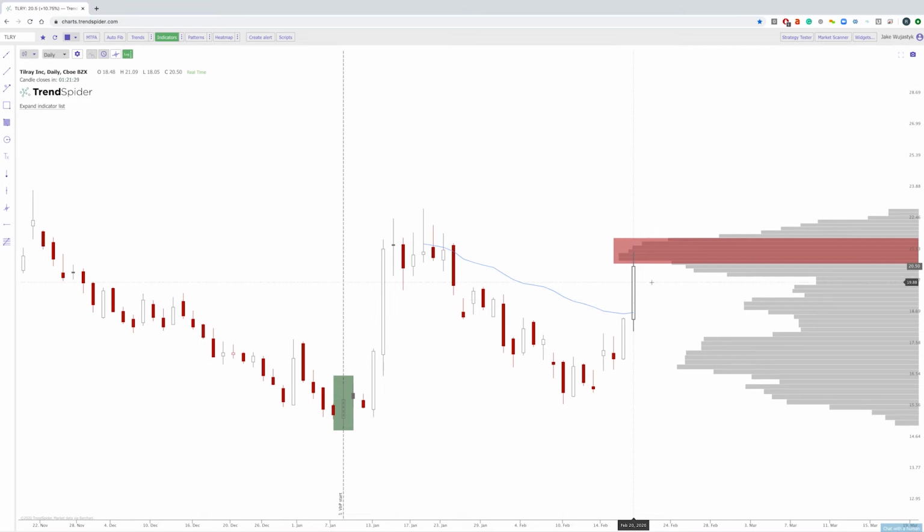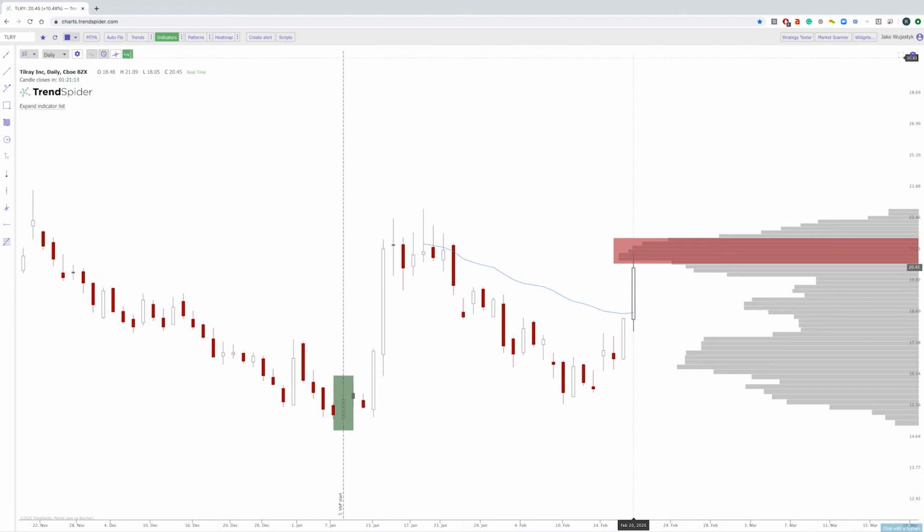And that's because so many people were holding at a loss from this area. Some people who now are at break even are like, all right, I'm out. I just want to break even and get my money back. Other people could be adding to their positions here, and you'll see this area may continue to get bigger and bigger as price continues to interact with this particular area.